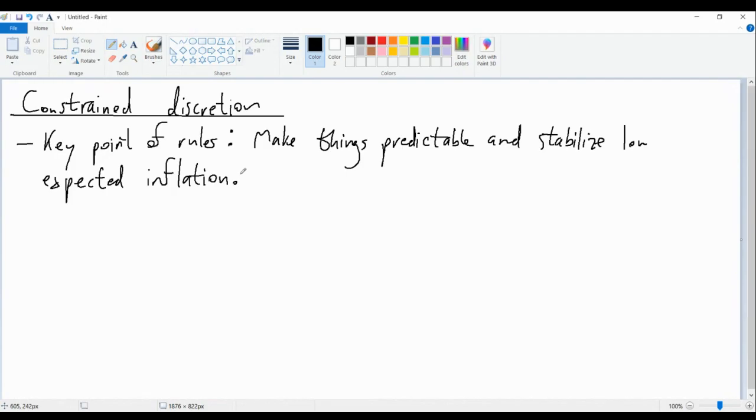If the goal is to stabilize expectations, maybe there's some way of doing that without having a rule. Instead, what you need to do is to have something that people understand that helps to achieve this goal. The way the textbook refers to it, the Fed has to select something it calls a nominal anchor.